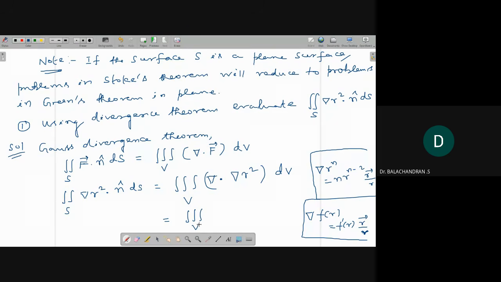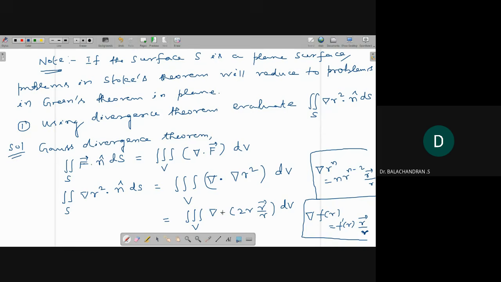Triple integral over V of del dot del of f of r, where f of r equals r square. If you differentiate r square, I get 2r into r vector divided by r, into dV.